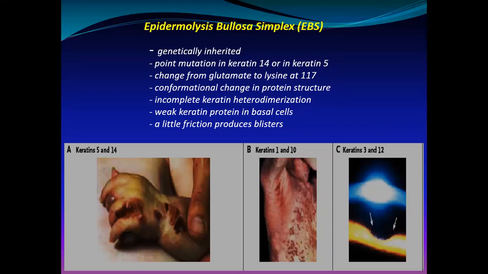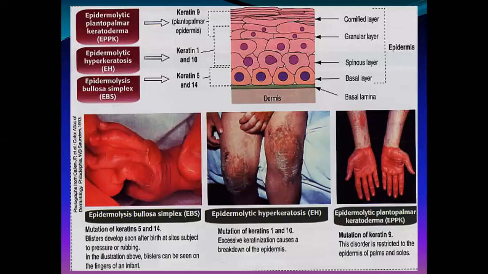Keratin heterodimerization won't take place. As a result, we get not enough keratin protein in the basal cells. And then with small friction on the surface of your hand or somewhere, you get blisters. You can see that. This disease is called epidermolysis bullosa simplex, genetically inherited. Due to the point mutation, keratin heterodimerization won't take place, it is incomplete. As a result, this happens.